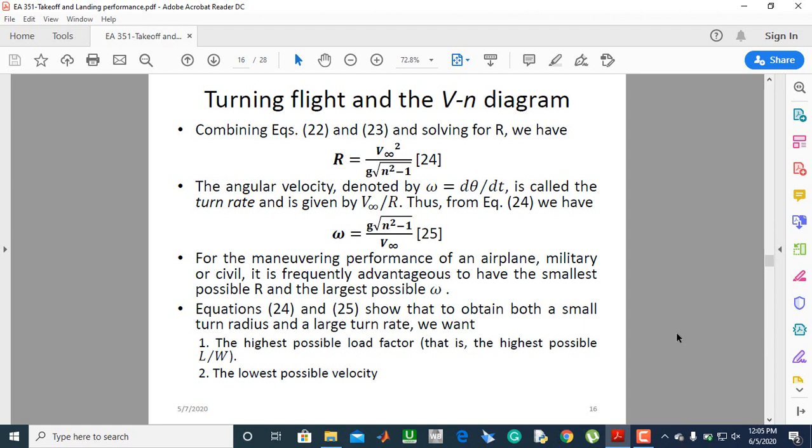So to achieve those two, you need to have the highest possible load factor and the lowest velocity. So less velocity and highest load factor will make sure that you have the smallest turn radius and the largest turn rate.